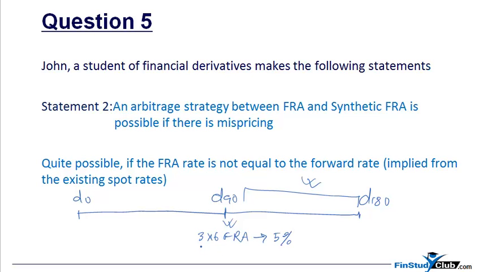Great. Now let's look at what the prevailing interest rates in the market are. Let's say the 90-day LIBOR is currently trading at 4%. So you have a rate which is applicable for this period, and this is 4%, the 90-day LIBOR. The 180-day LIBOR is, let's say, again 4%.